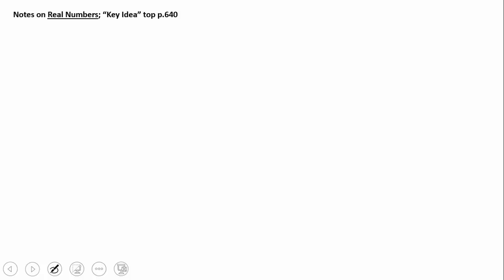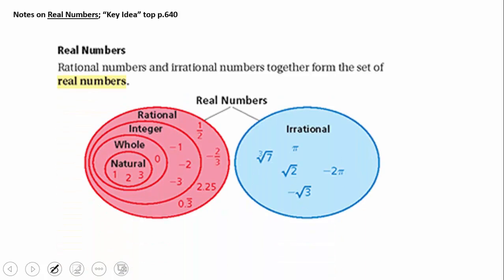So moving right along, you should have taken notes on the real number system before. We have two types of real numbers, those that are rational and those that are irrational. We've dealt almost exclusively with rational numbers, with integers and whole numbers and our natural counting numbers, and we've only done a little bit with irrational, mostly pi.